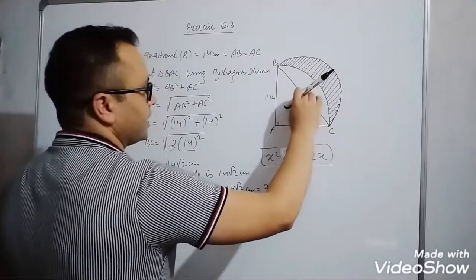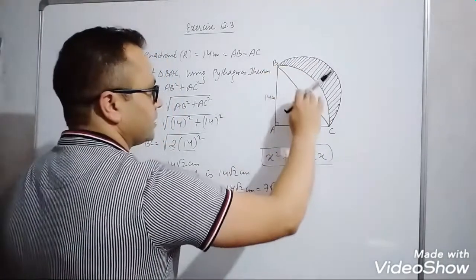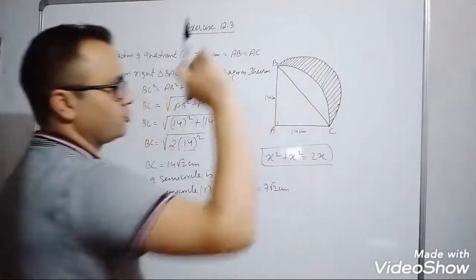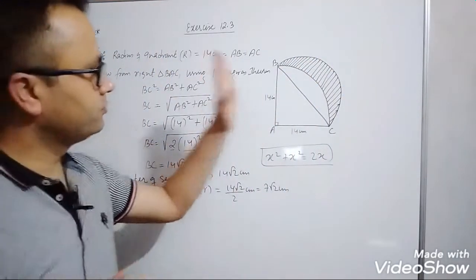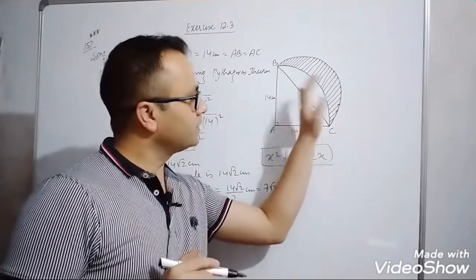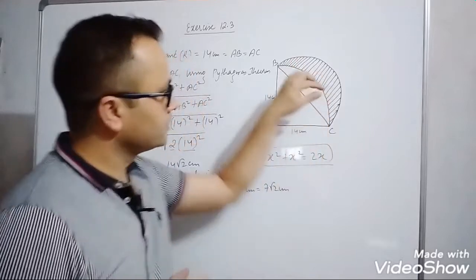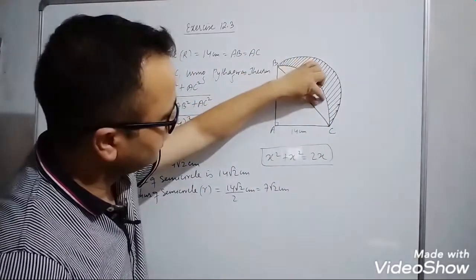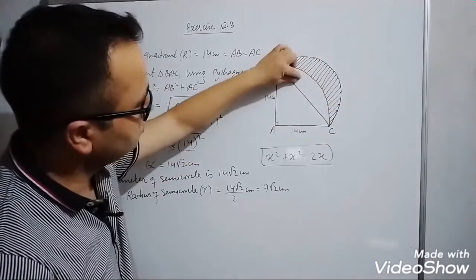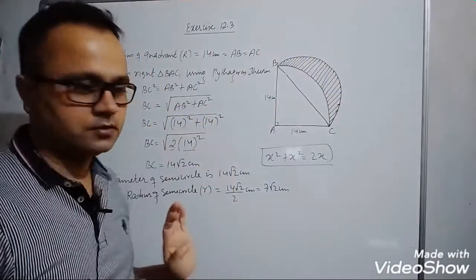Again we have to subtract this part from the semicircle, you will get shaded region only. First, quadrant minus triangle, we will get this portion. After that, semicircle minus this portion, we will get shaded region.